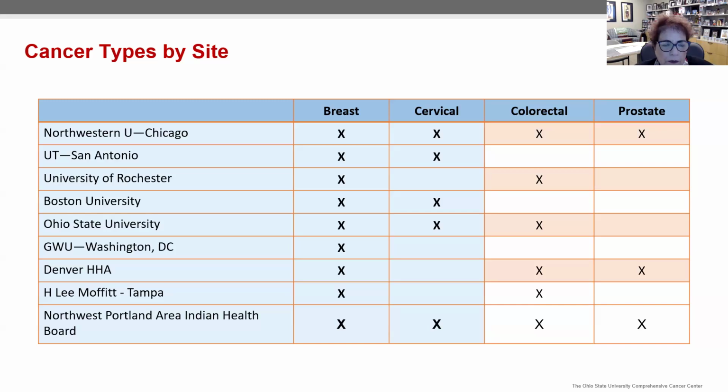And then so those were the physical locations, and these were the 4 types of cancer or abnormalities that were eligible to participate in this study. So we had breast, cervical, colorectal, and prostate. You can see everybody did breast. You had the choice to do 1, 2, 3, or all 4 of these cancers, and you can see how that was distributed.